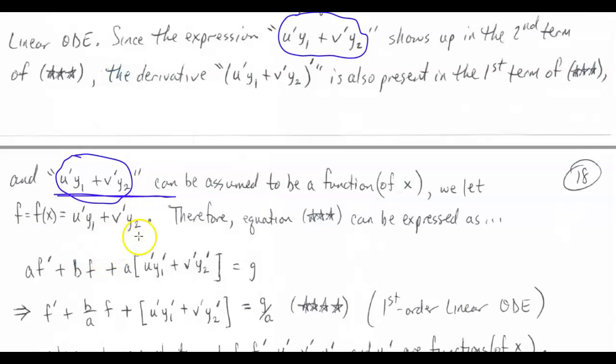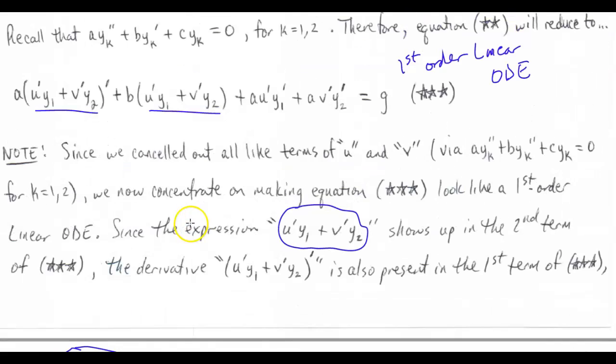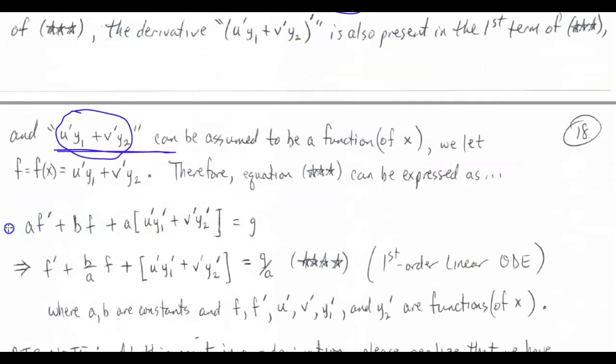Okay. So if we rewrite everything here, and essentially what I'm saying is this: we're going to let all of this be f, and we're going to let all of this be f prime. Okay. So if we rewrite it that way, then this is what our equation ends up looking like.